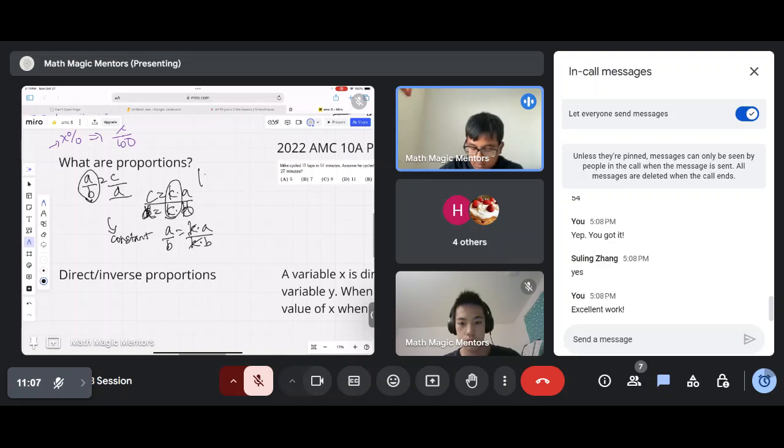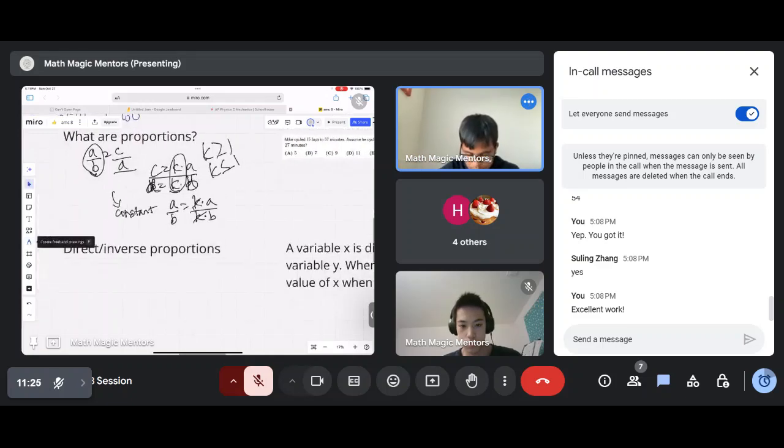K can be greater than or equal to 1, or less than or equal to 1 as well. K can take any value possible, just the ratio always has to be the same. So you always have to have the same value of K above and below, right?